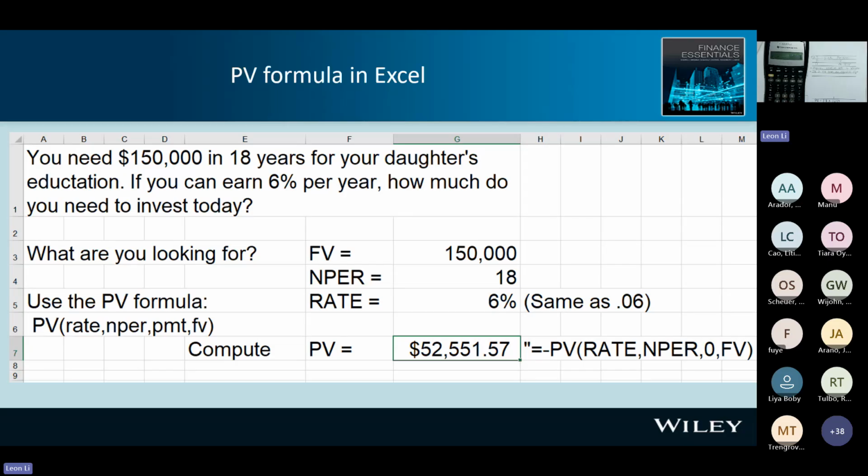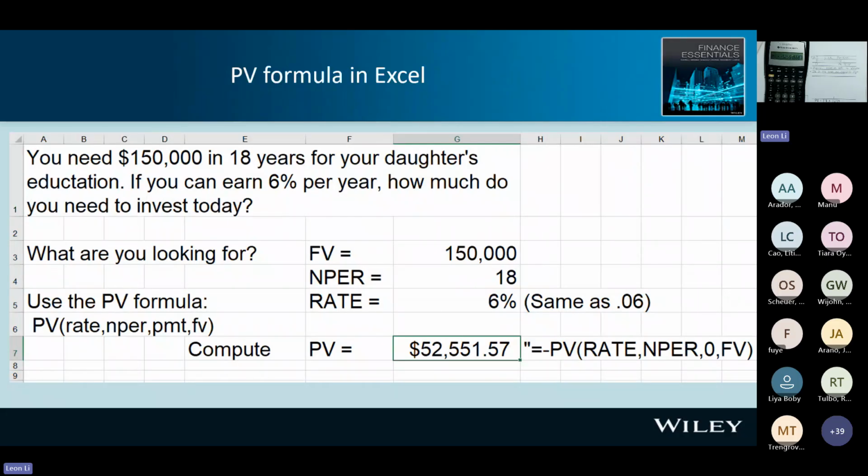Please note, when you use a financial calculator, you enter 6 for the interest rate, not 0.06. Then compute PV. This is your result. Negative means PV and FV have opposite signs. So with the financial calculator, the idea is the same.